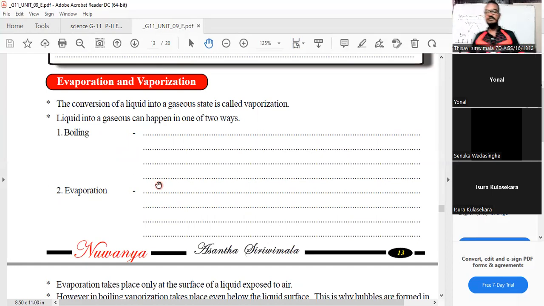Liquid molecules will be released freely from the liquid surface.